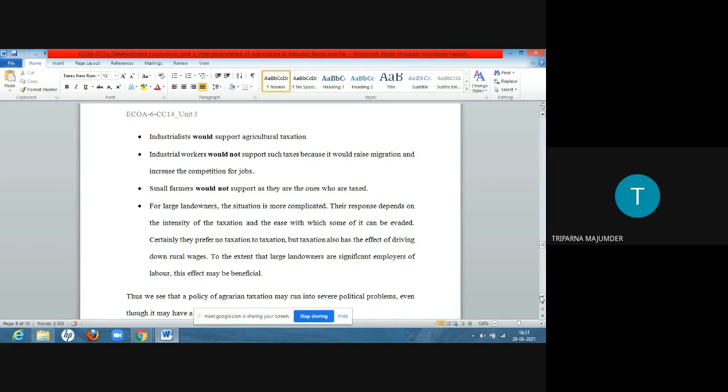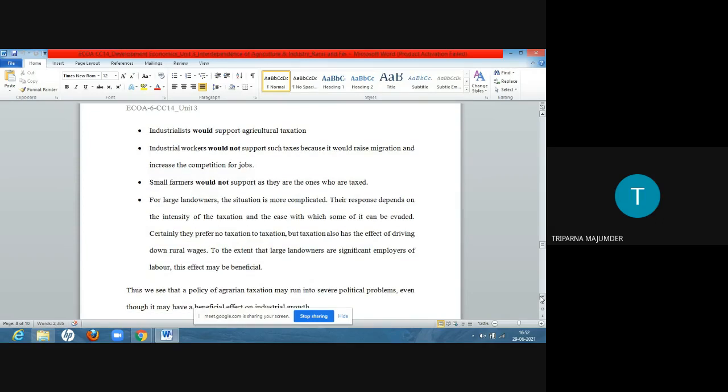Certainly, they prefer no taxation to taxation, but taxation also has the effect of driving down rural wages. To the extent that large landowners are significant employers of labor, this effect may be beneficial.